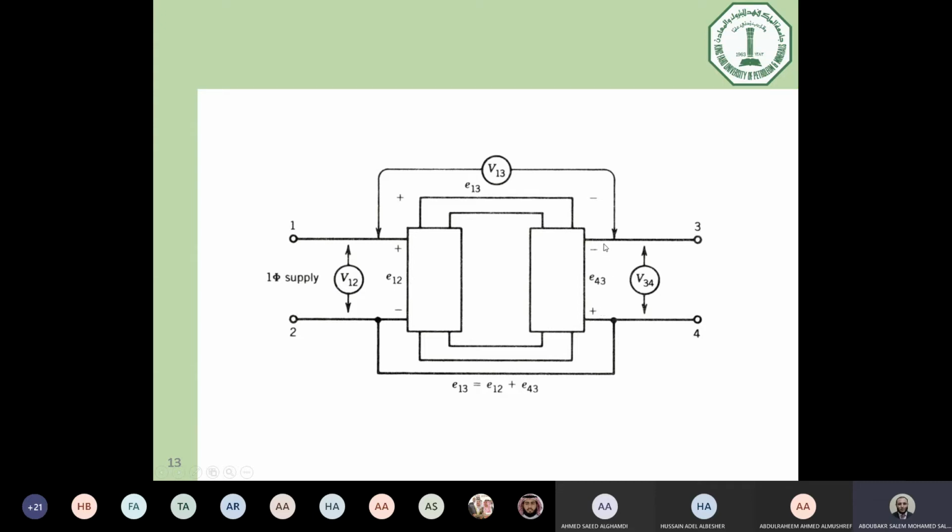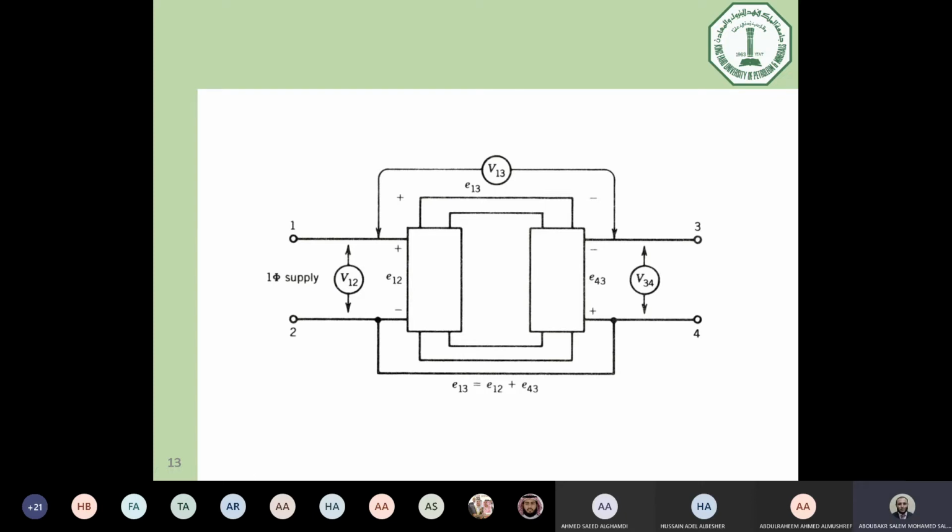So if the reading of voltmeter 1-3 equals the sum of the readings of the other voltmeters, this means this assumption of polarity is right, which means terminal 4 is positive and terminal 1 is positive as well. So 1 and 4 are identical.